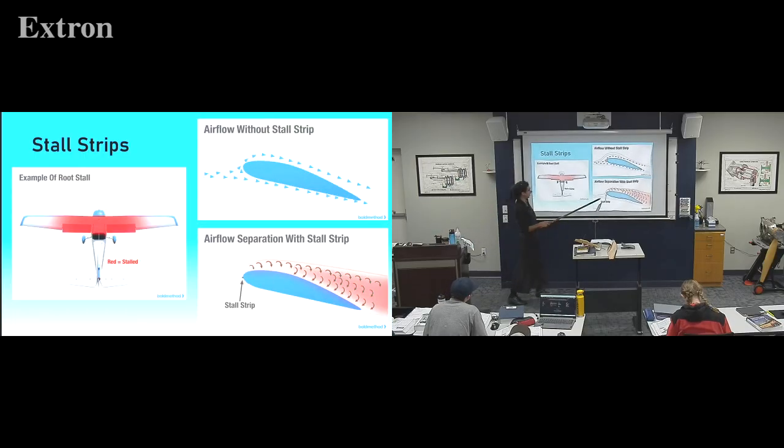So that sharp pointy thing makes the air become turbulent sooner. Same reason we want our inner portion of our wing to stall first before the outer portion. So on aircraft where the whole wing would tend to stall at the same time, we put a stall strip on the inboard portion of the wing.